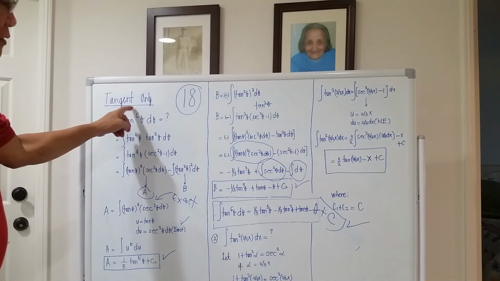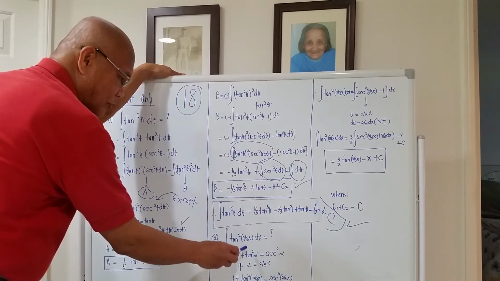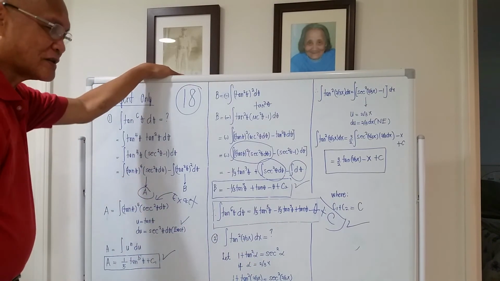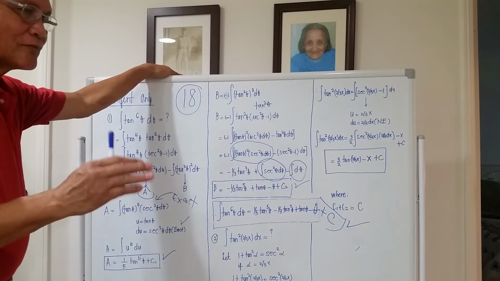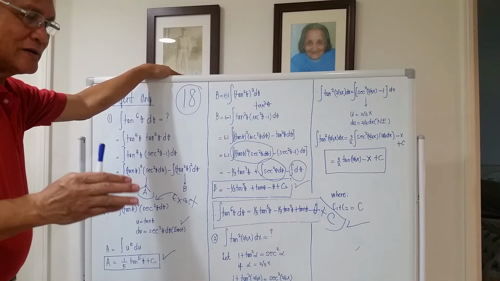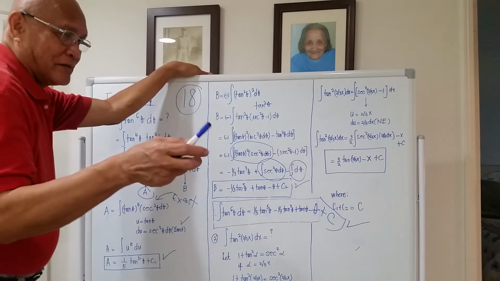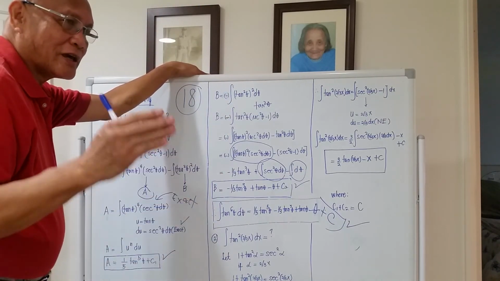Still under tangent only. The integral of tangent square of 2/3 x dx. The angle is 2/3 x. To integrate this one, we must bring out an identity that relates to tangent square. From my previous discussions, before proceeding with evaluation, I gave you identities.